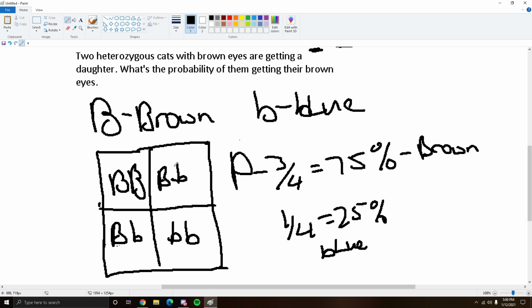Since they're both hetero, there's going to be more chance of them getting brown eyes than blue eyes. Why? I'm going to put this right here.